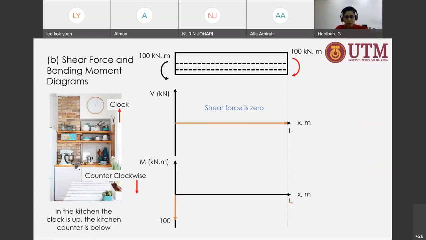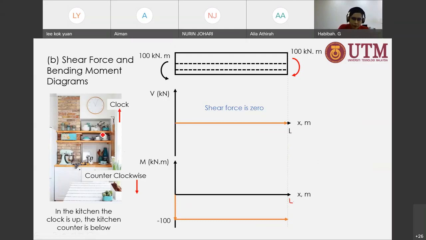And that's going to be constant for the rest of the length of the beam, because as you can see, there's no other concentrated moment being applied throughout this beam. So that's going to be constant for each of these segments.